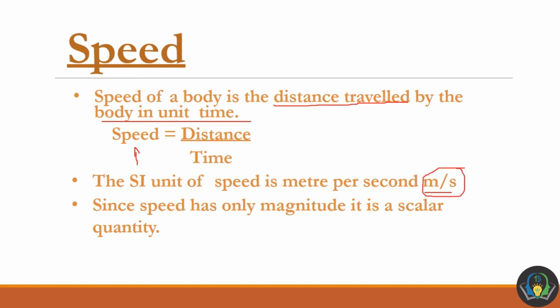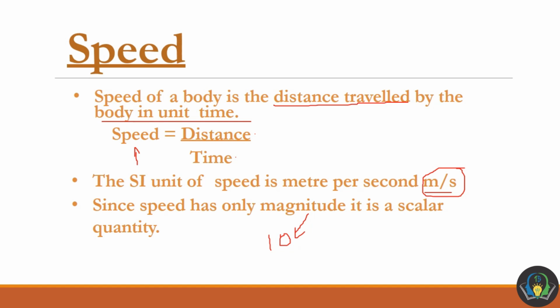Since distance is measured in meters and time is measured in seconds, we refer to it as meter per second. Now speed has only magnitude. Magnitude meaning that if I am saying 10 meter per second, then it has just the magnitude. It does not have any sort of direction. So this is referred to as only the magnitude, and hence it is known as a scalar quantity.